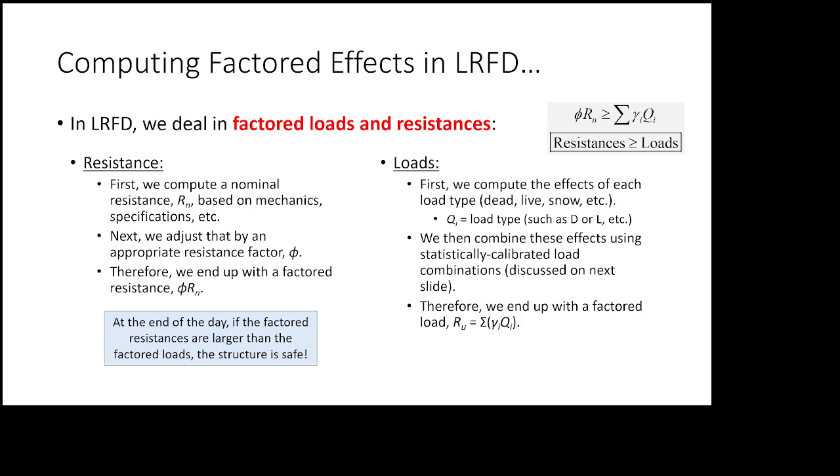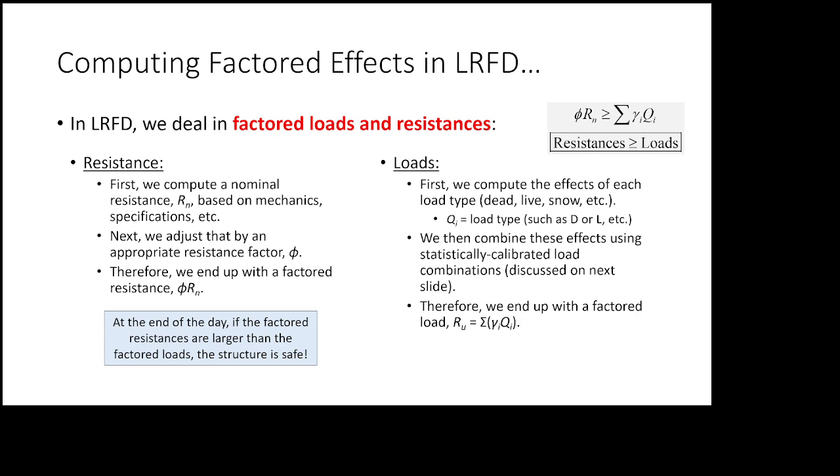So we have a load combo 1.4 dead. We have a second load combo, 1.2 dead plus 1.6 live. We have a third combo, fourth combo, etc. And from these, we compute the maximum load. And as long as this design force, or this design resistance, is bigger than this factored load, we know the element is safe.